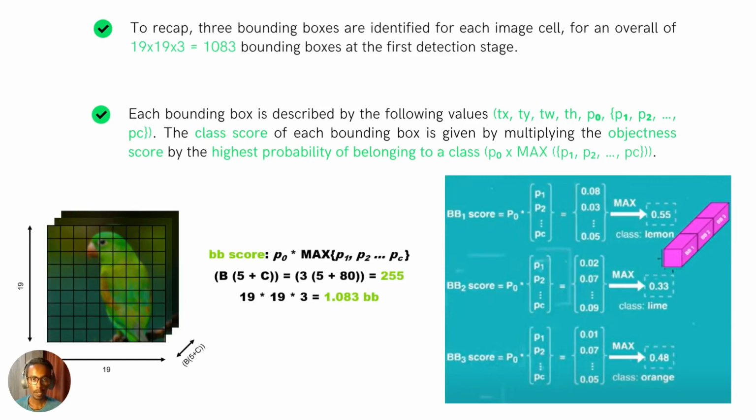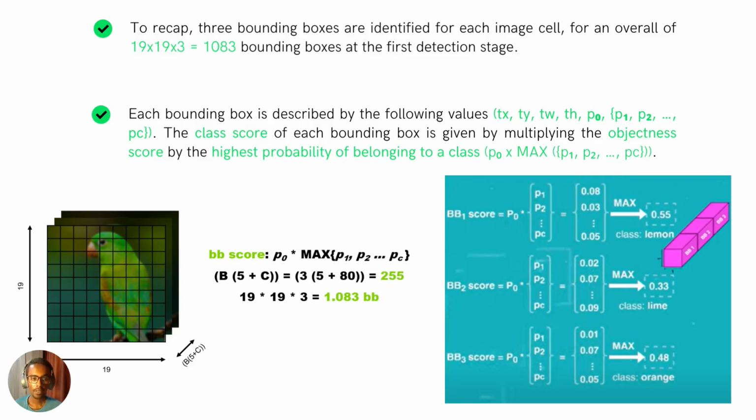To recap, 3 bounding boxes are identified for each image cell. For an overall of 19 by 19 by 3, we're going to have 1083 bounding boxes at the first detection stage. So on the first stage, we're going to have a spatial dimension of 19 by 19, and the depth will be 255.